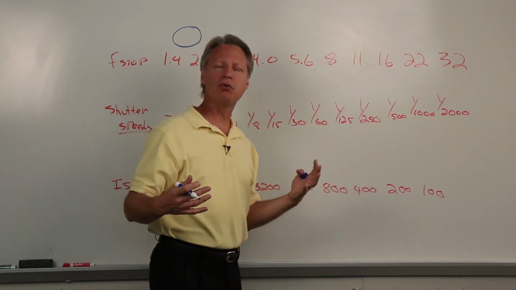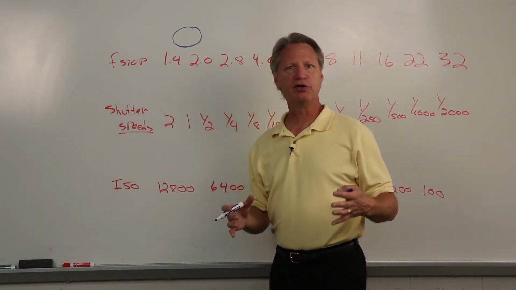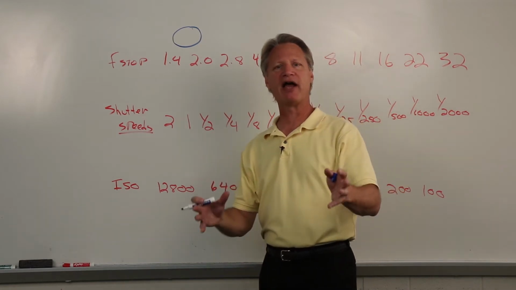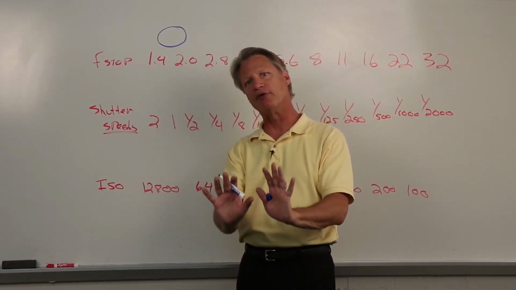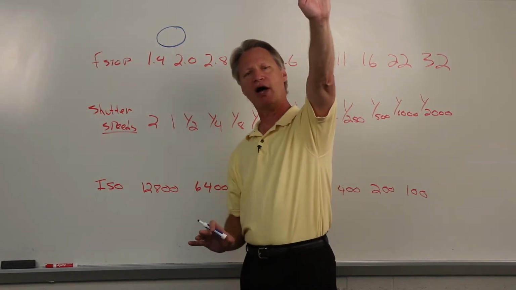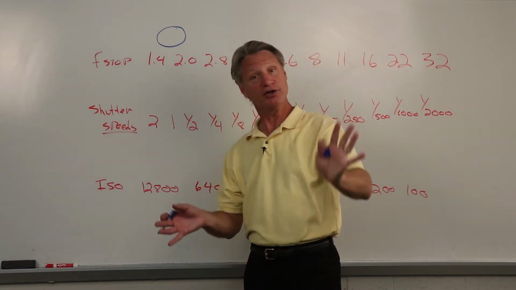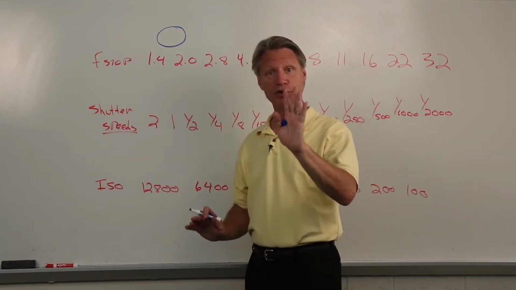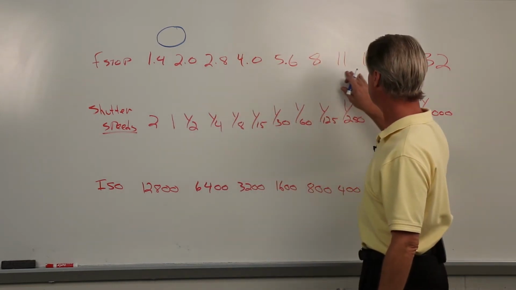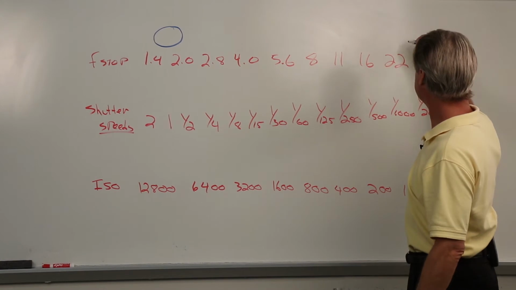But let's say you want to, I don't know, say go to Mount Rushmore. And you want Grandma and Grandpa and the kids and you and the neighbors and everybody in the foreground to be in focus, yet you want the sculptures of the presidents up on the mountain to also be in focus. You want everything in focus. Well, you can do that by selecting a high or a small aperture like f22.